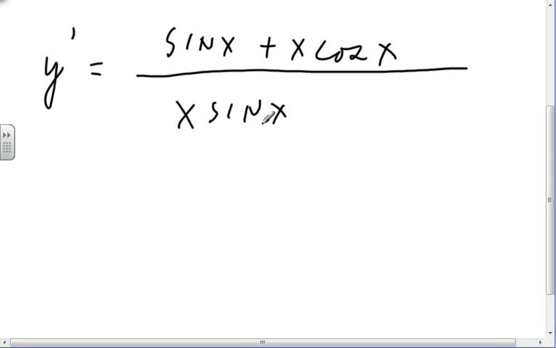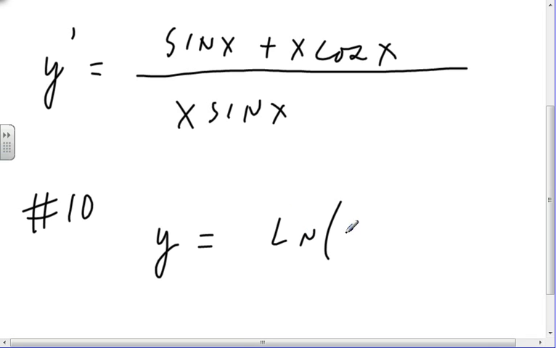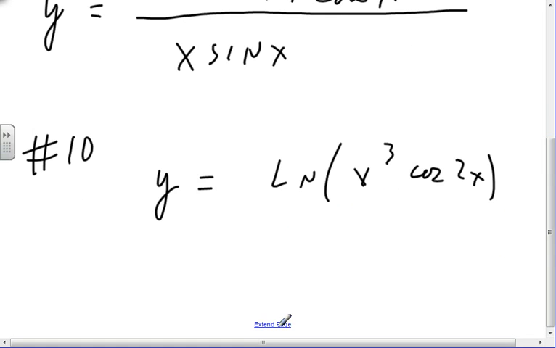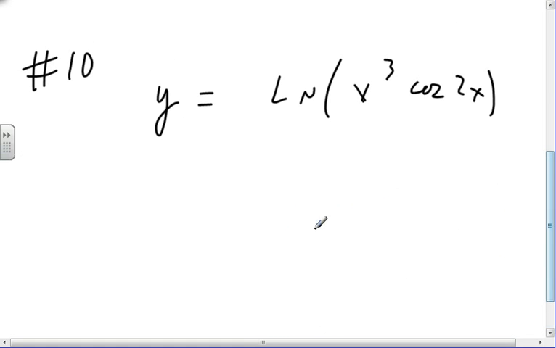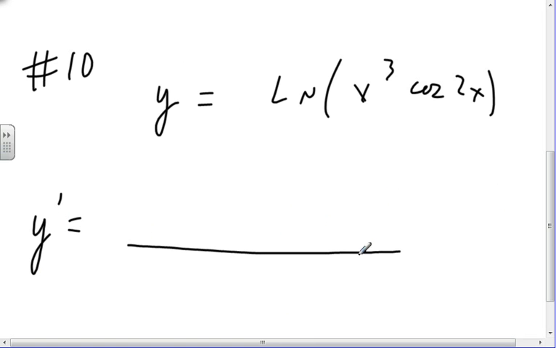All right, number 10. Oh, number 10 looks cool. About time we start getting some reasonable problems around here. Y is equal to natural log x cubed cosine 2x. Now these particular problems are cool because you test a whole lot of different things at the same time, right? X cubed cosine 2x.